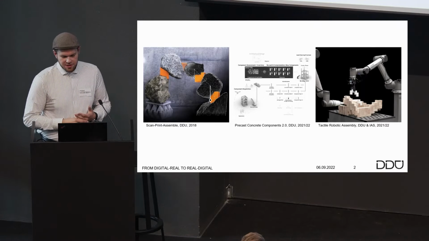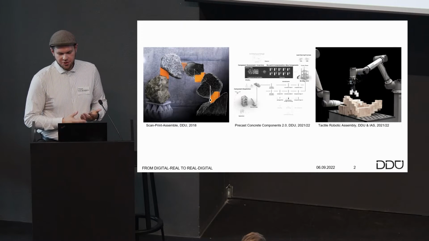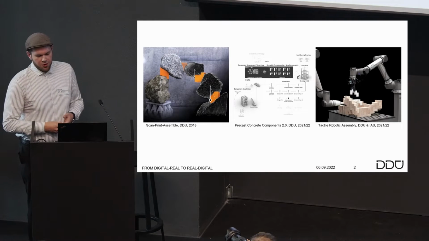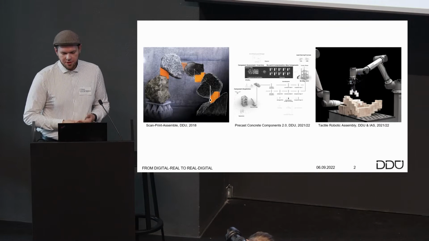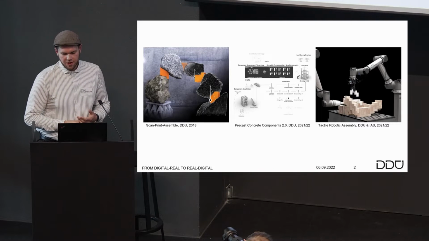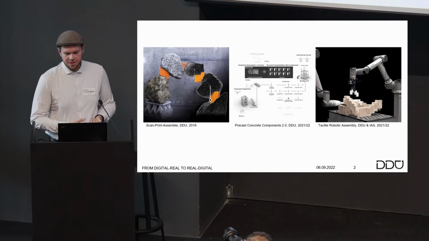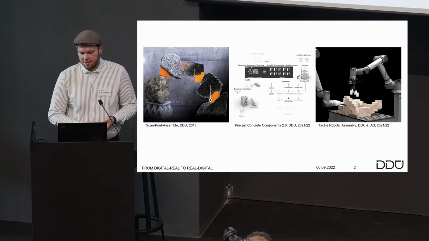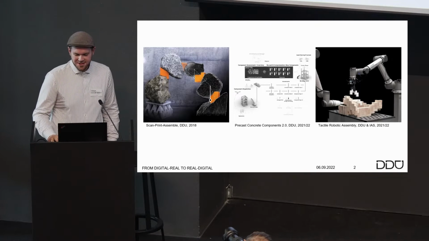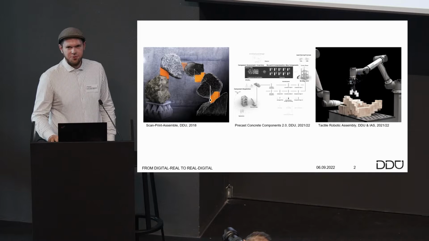We research this by exploring the assembly of heterogeneous natural materials, like in Scanprint Assemble, reusing structural concrete components in the Precast Concrete 2.0 project, as well as investigating non-standard autonomous robotic assembly of discrete standard parts, like in the Tactile Robotic Assembly project. So, from digital real to real digital, what do we mean by that?